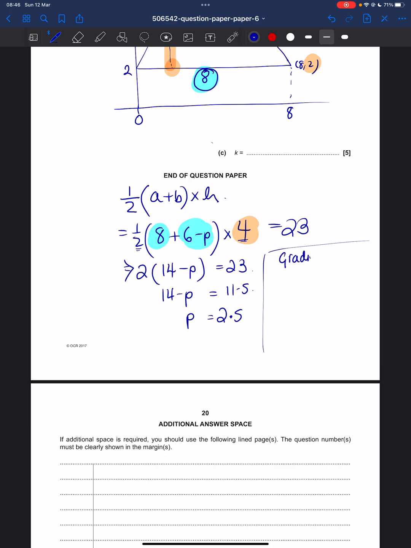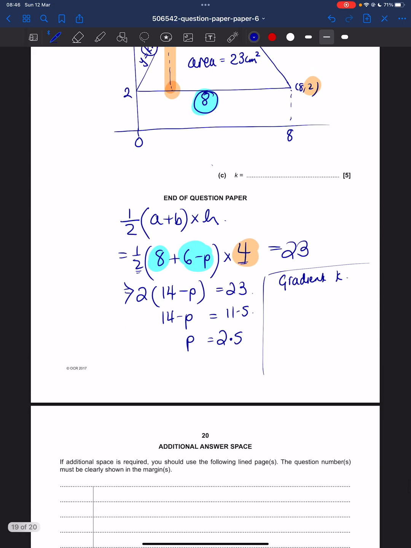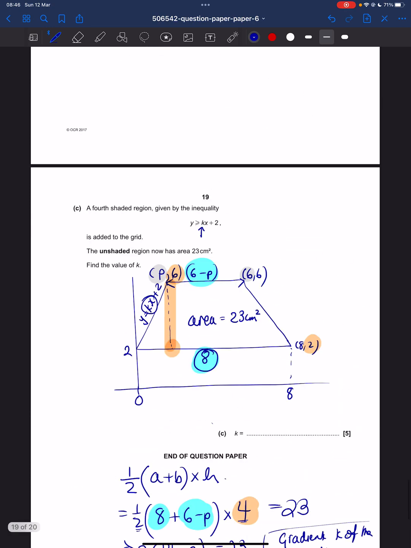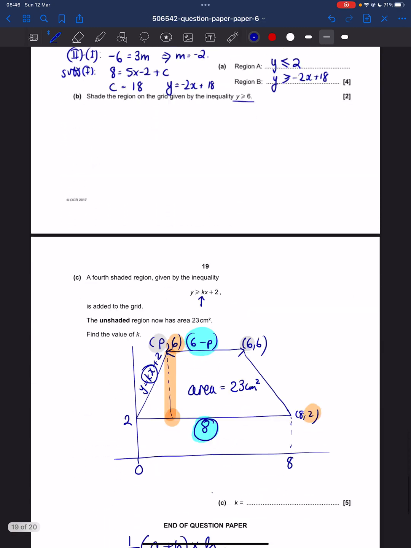So the gradient K is the gradient of the line connecting 0 across, 2 up, and 2.5 across and 6 up.